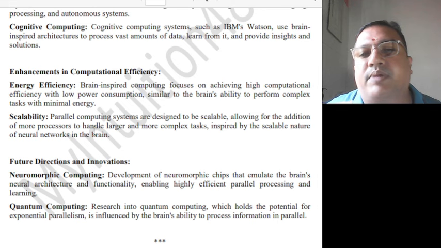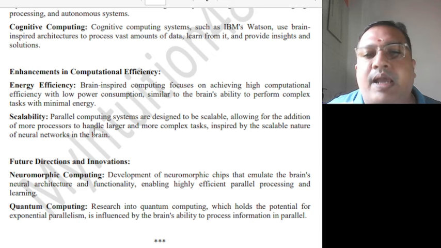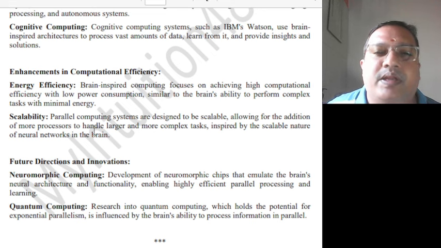Parallel computing systems are designed to be scaled, allowing the addition of more processor cores to handle larger and more complex tasks, inspired by the scalable nature of neural networks in the brain. Okay, so energy efficiency and scalability are also compared.